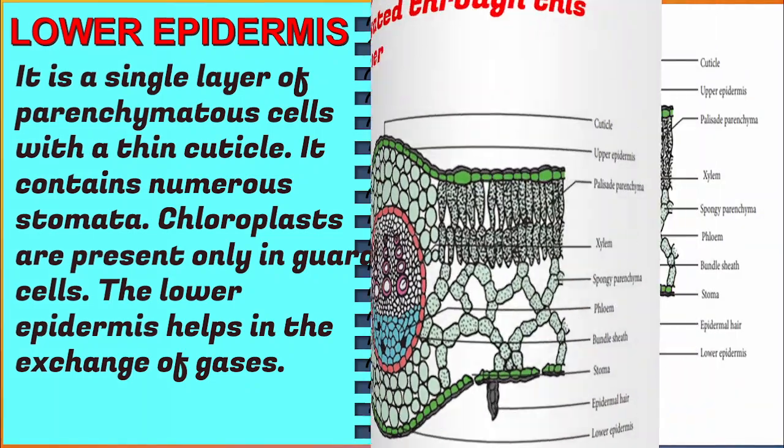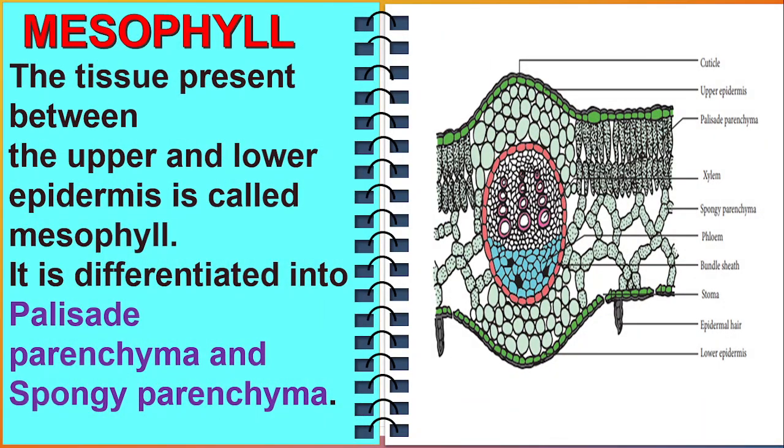Okay. Then let's see the mesophyll. Meso means middle. Phyll means leaves.